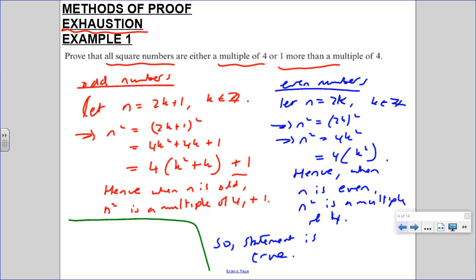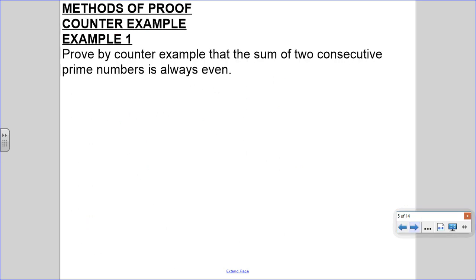So 0, no, that's not prime. 1, no. 2, the first prime. 3 is. 4, no. 5 is. 6, no. 7 is. 8 isn't, 9 isn't, 10 isn't. Right, so there are 4. So by exhaustion, there are 4. You see, I have exhausted all the possibilities.